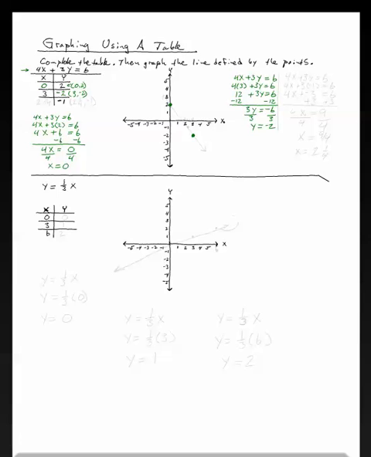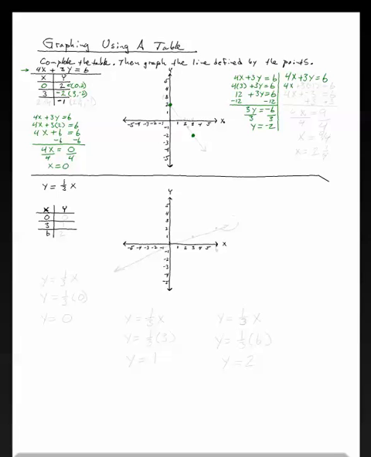Now once you have 2 points, you can draw your line, but the idea is that we always want a third point to make sure that all 3 points are on the same line. Otherwise, we might have made a mistake with one or the other of our points. So, our last point, they give us y is negative 1. So 4x plus 3y equals 6. And we're plugging in y is negative 1.